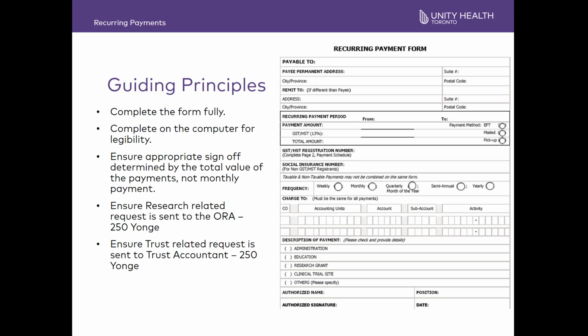For those recurring payment forms related to research, ensure that those are sent to the ORA at 250 Yonge on the 6th floor for review. For trust-related requests, ensure that they are sent to the trust accountant at 250 Yonge on the 6th floor. Once reviewed and approved, the corresponding finance individual will send it to accounts payable for processing.